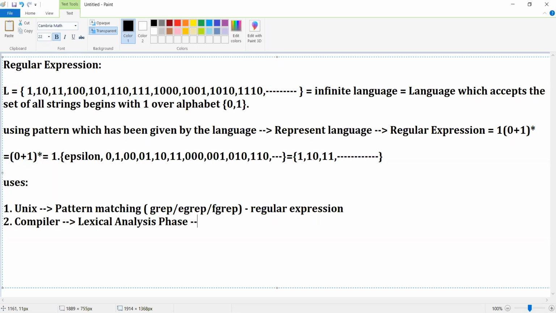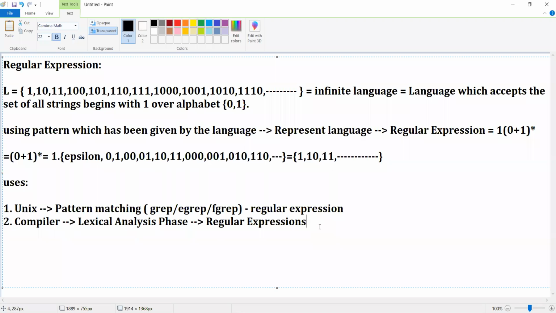In the designing of this lexical analysis phase also, we are going to make use of these regular expressions. So these are the two very important areas where we can make use of regular expressions.